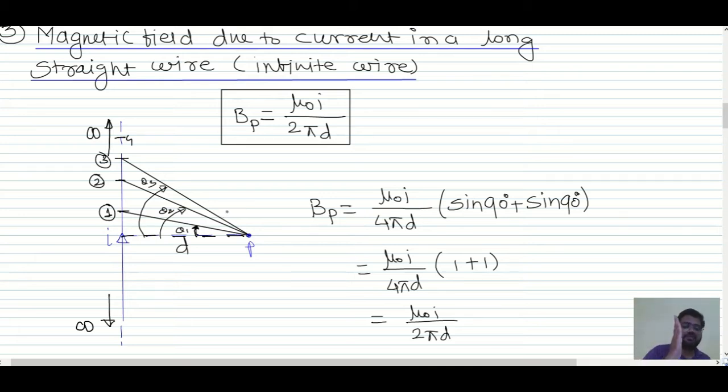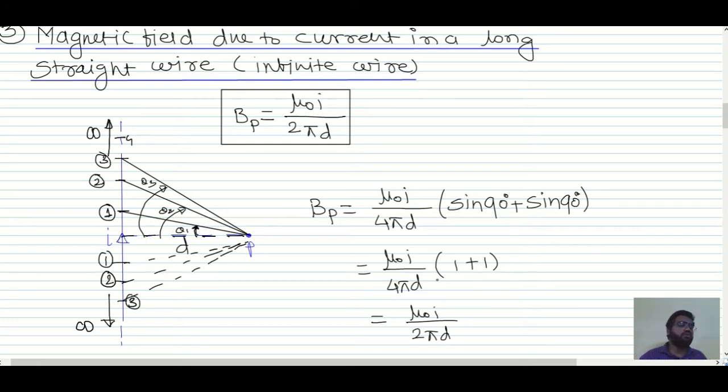That means the maximum possible angle over here is 90 degree. So alpha over here is 90 degree. Likewise, if you consider 3 points over here, the angle is increasing. The maximum possible angle also over here is 90 degrees. So sine alpha plus sine beta, that means sine 90 plus sine 90, you will get it as mu naught I divided by 2 pi d.